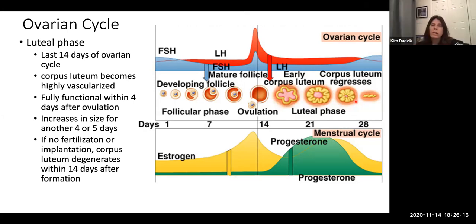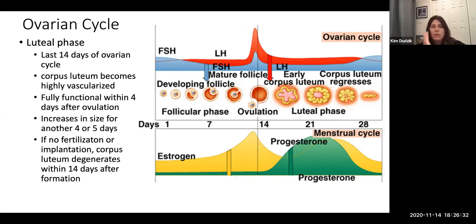Those cells then begin to produce a hormone called human chorionic gonadotropin that acts on the corpus luteum to maintain the corpus luteum. Then if the corpus luteum is maintained, progesterone stays high all throughout pregnancy, okay?